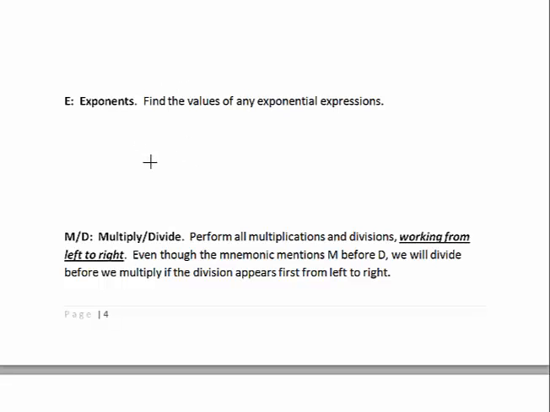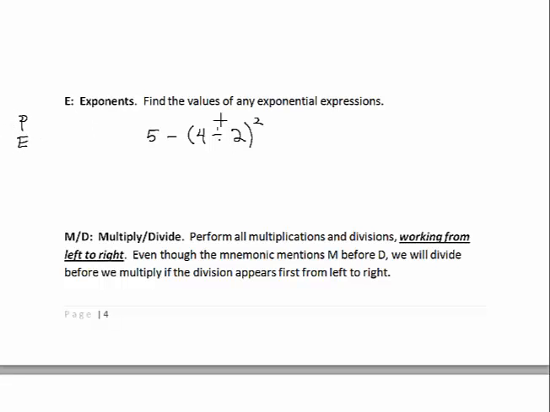Let's say we had 5 minus the quantity 4 divided by 2, and then outside of the parentheses we had a 2 as an exponent, just to give you some example. Well, order of operations is please excuse.